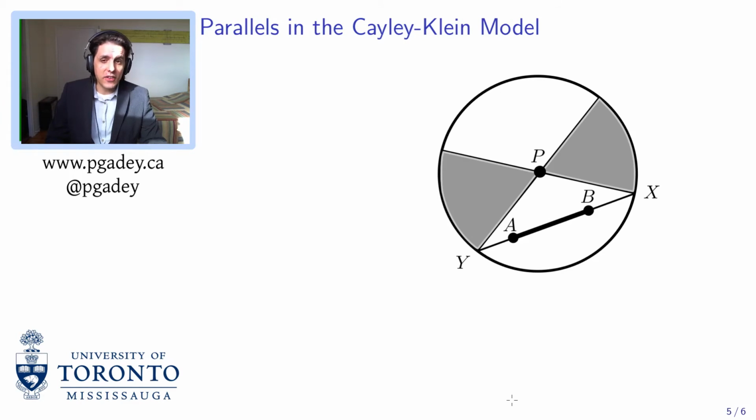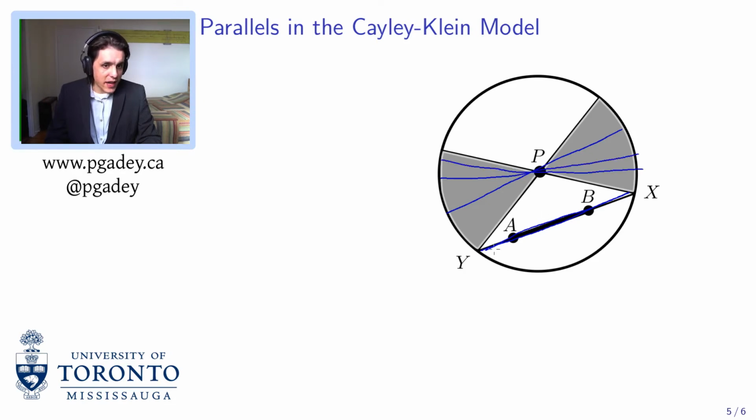The parallels in the Cayley-Klein model behave very similar to what we saw in the hyperbolic disk. Given a pair of points A, B, we can form a line joining them, and all of the lines through this point P do not intersect the line through AB. So what we obtain is that given a pair of points A, B and a point P not on that line, there are infinitely many straight lines through P that do not intersect AB.